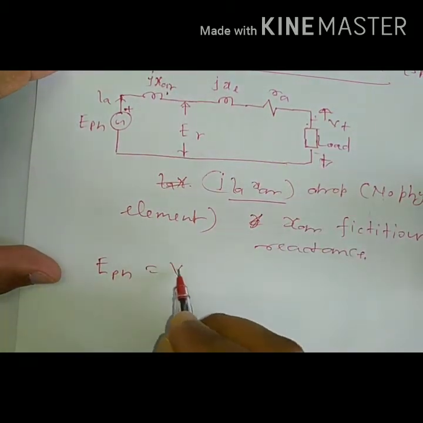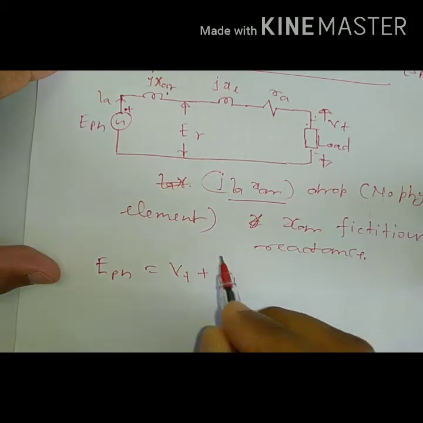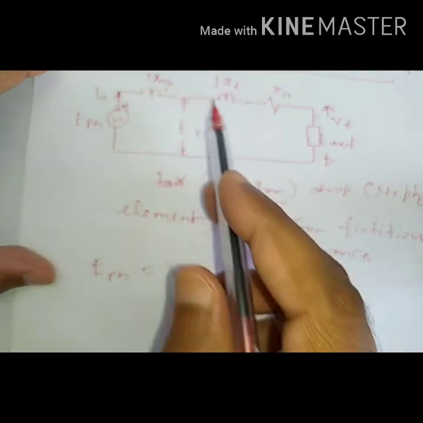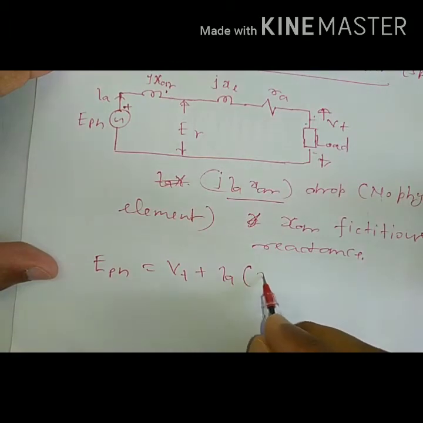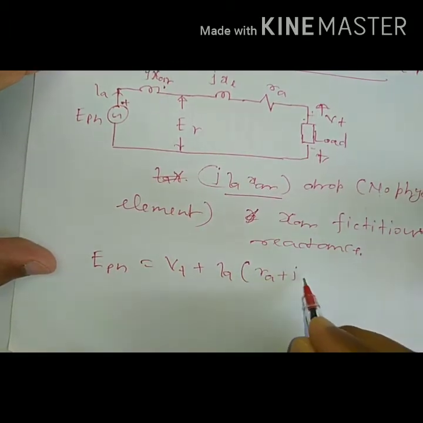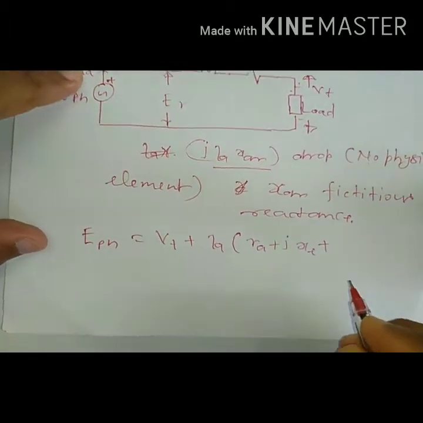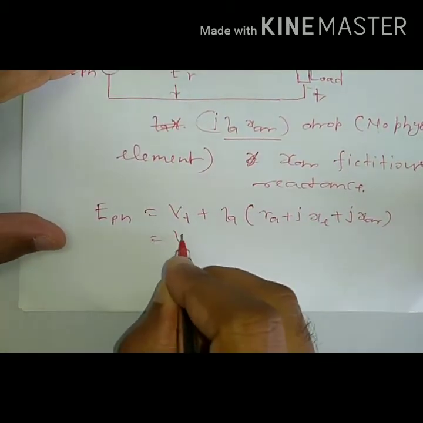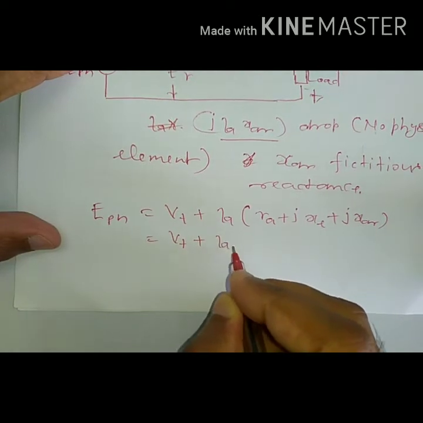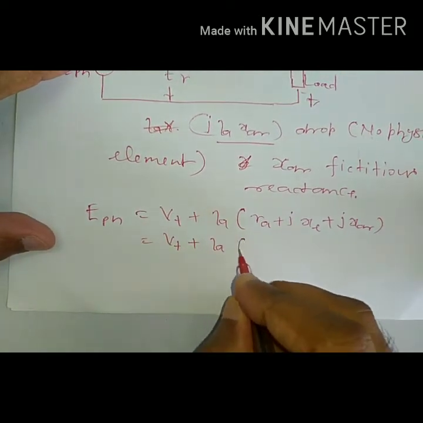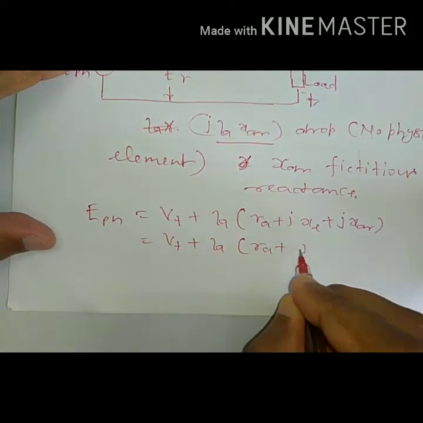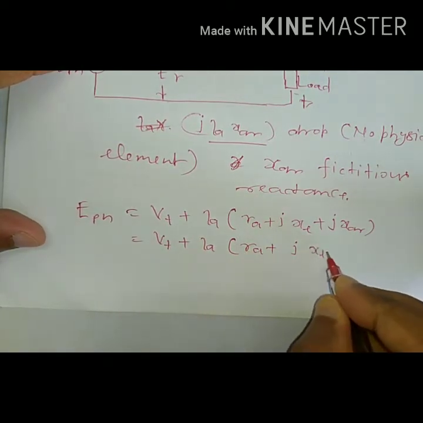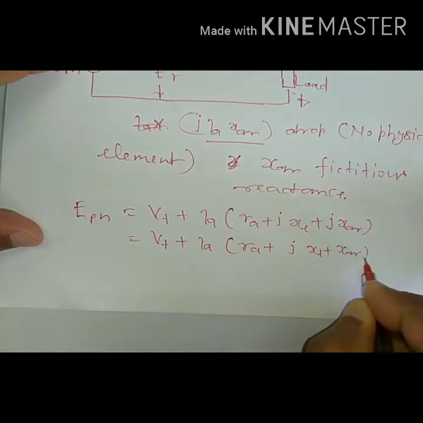I can write VT plus IA, drop in resistance, leakage reactance, armature reaction reactance: RA plus JXL plus JXAR, or I can write it as VT plus IA into RA plus J(XL plus XAR).